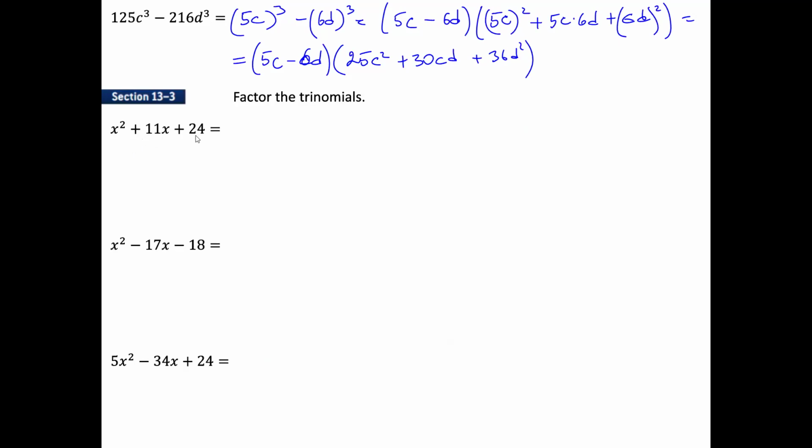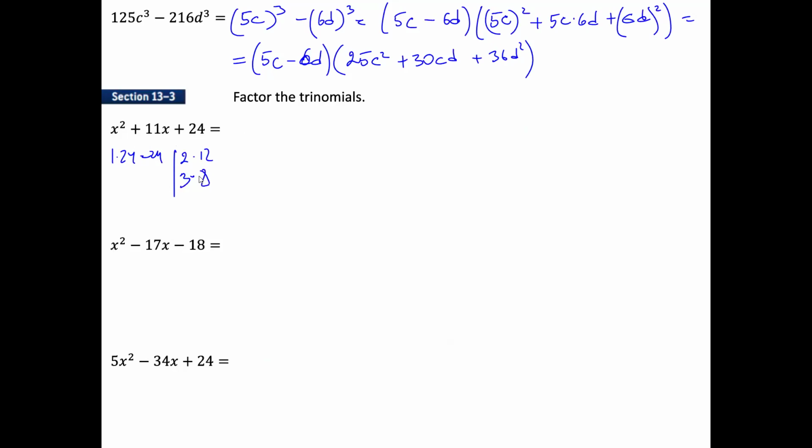Well, 24, it's not a perfect square from anything, right? So then I have 1 times 24 is 24. So 1 times 24 is not gonna give me 11. So 2 times 12, no. 3 times 8, is it?